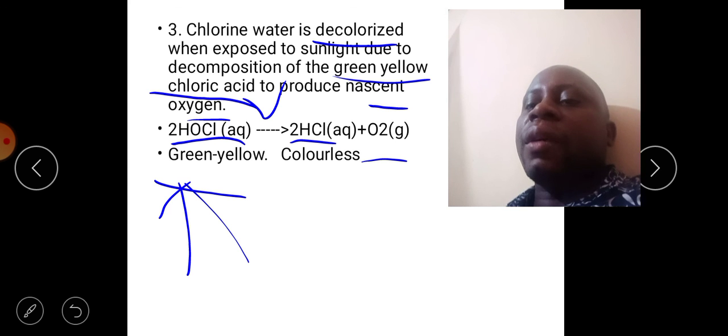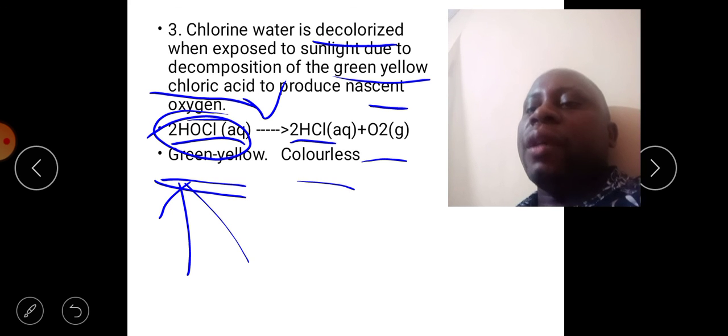So the chlorine water will change from being green-yellow to colorless. This is due to decomposition of chloric 1 acid to form hydrochloric acid, which is colorless.